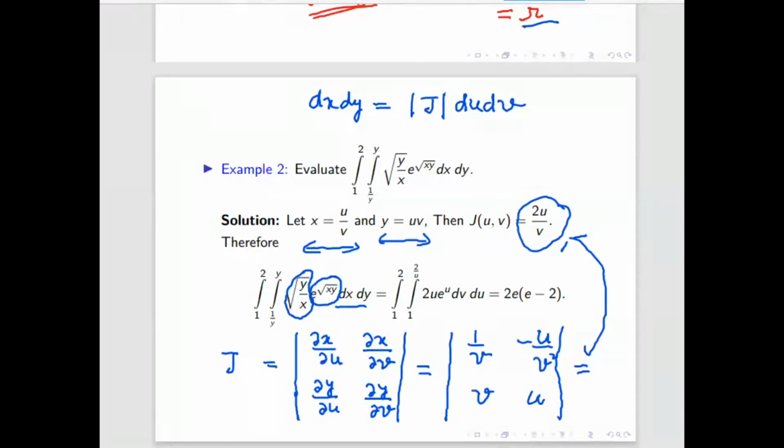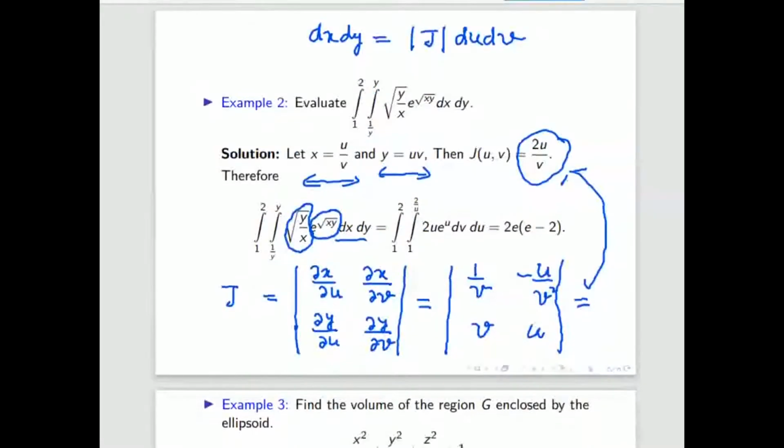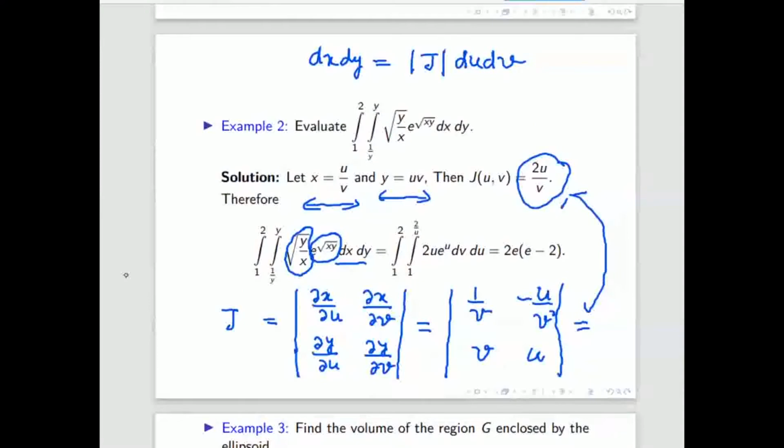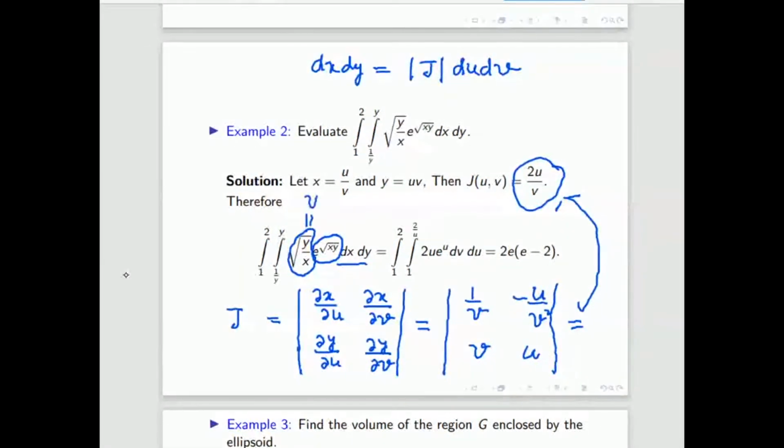And then we will find the limit also. So can anyone tell what will be the value of square root of y by x if x equal to u by v and y equal to uv? So this will give v. So I'm writing on the top here only. This term will give v. This e to the power square root of xy will give u.